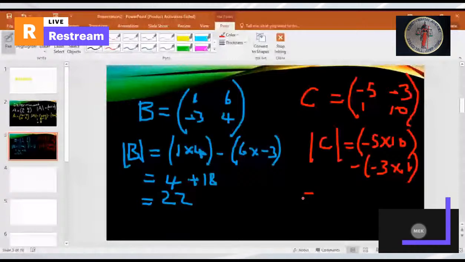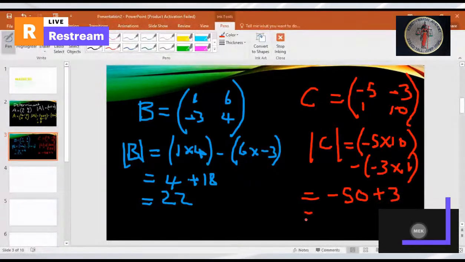Negative 3 times 1 is negative 3, and multiplying it by the negative sign here, that will be positive 3. Negative 50 plus 3 is negative 47.